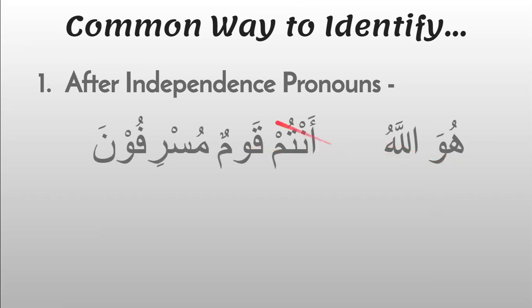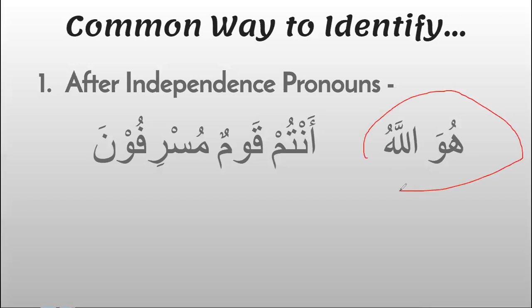Okay, there are two examples over here. So we'll look at the first example. Huwallah. So first we find what? Huwa. What is Huwa? Huwa is he, right? So our rule says after an independent pronoun we put an am, is or are respectively.